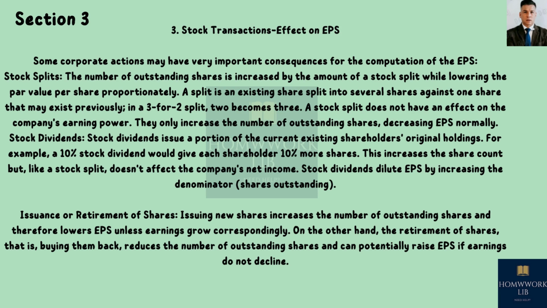Issuance or retirement of shares: issuing new shares increases the number of outstanding shares and therefore lowers EPS unless earnings grow correspondingly. On the other hand, the retirement of shares, that is, buying them back, reduces the number of outstanding shares and can potentially raise EPS if earnings do not decline.